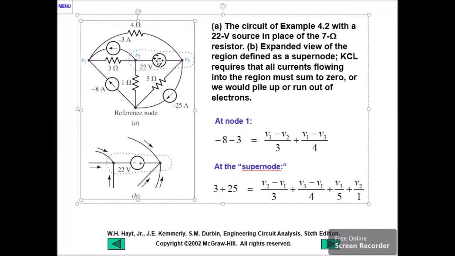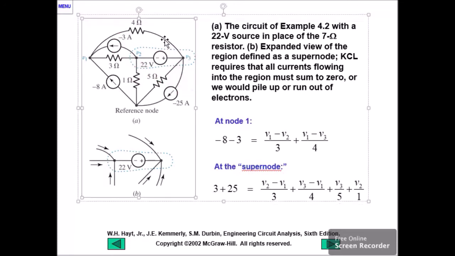Okay. This is a supernode. So let's look at the KCL on this node. It is just one equation for these two, since they are in the supernode. Current leaving is equal to current entering. Where do we start? Here, current leaving, so we have negative 3 ampere.